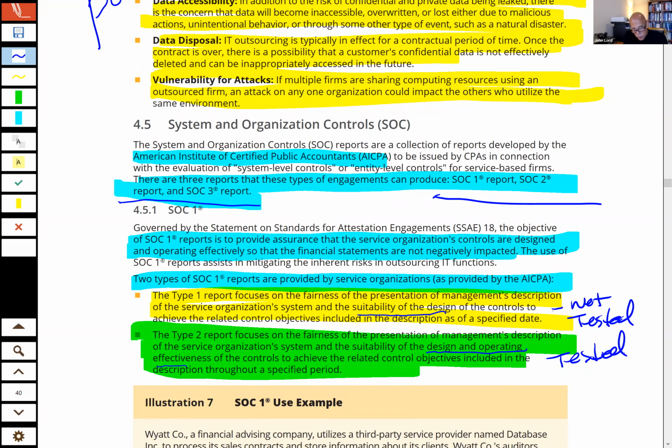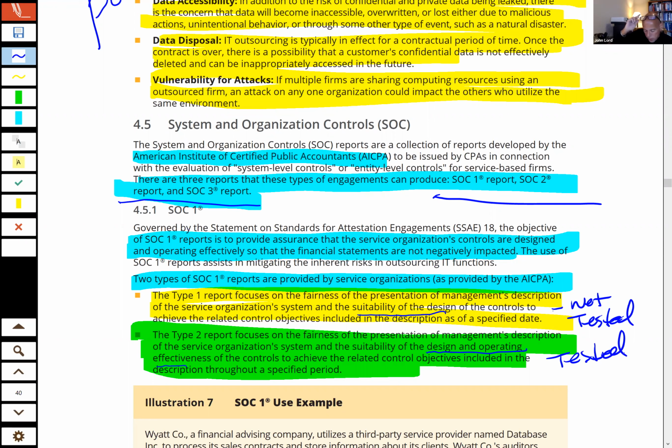And so now you could use that report to achieve a lower assessment of the risk of material misstatement for at least the payroll, let's say in the case of ADP, and that could then result in having to do less substantive testing. But again, we haven't taken the audit class yet. This may not all quite be ringing a bell for you, but the issue here is the SOC1 report is for audits of financial statements. That's the main thing we're talking about here.